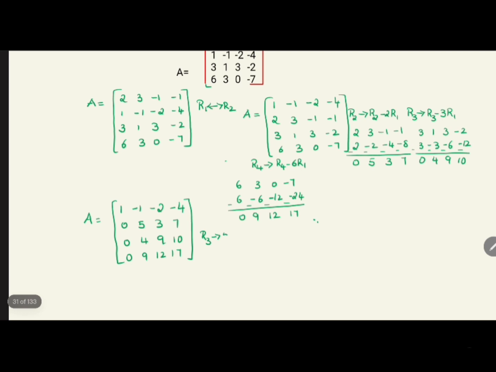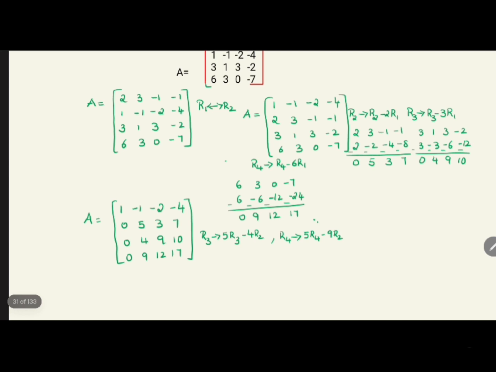R3 implies 5R3 minus 4R2. Okay. And R4 implies 5R4 minus 9R2.